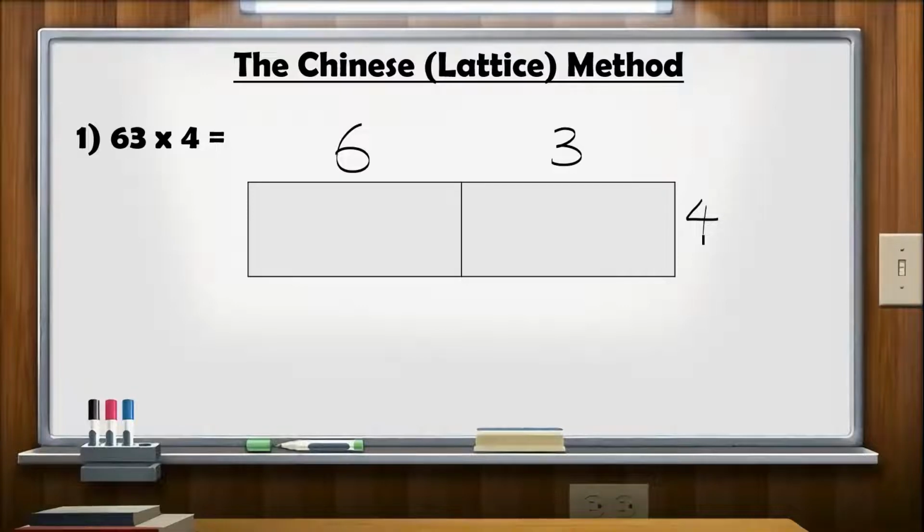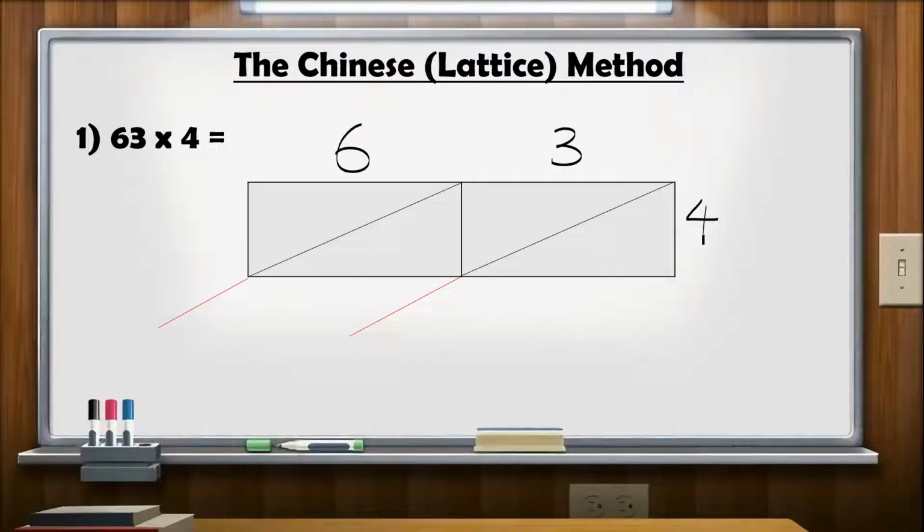Once we have placed the numbers in the positions, we are going to split each square with diagonal lines. Now, make sure when you split the squares, you extend the lines a little, as this will help us to finalize our answer at the end. And once you have split the squares, they should look like this.